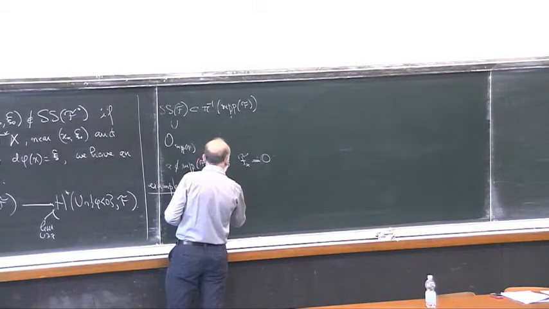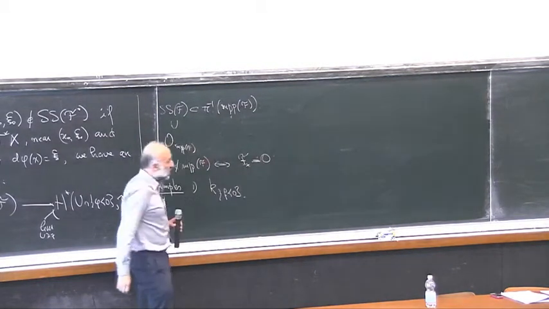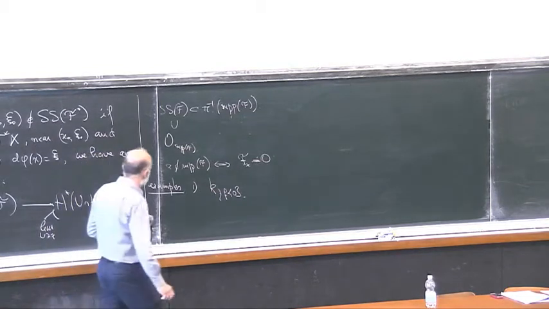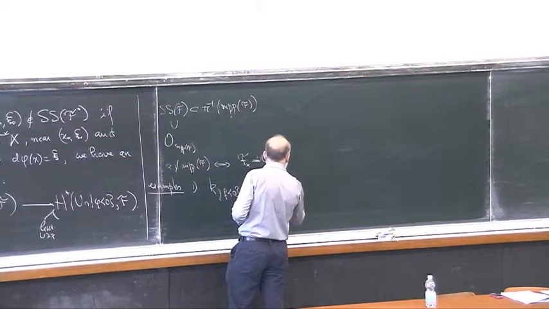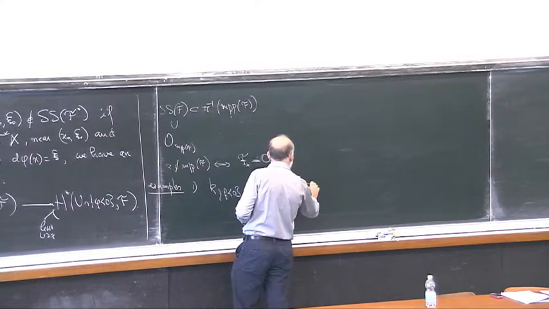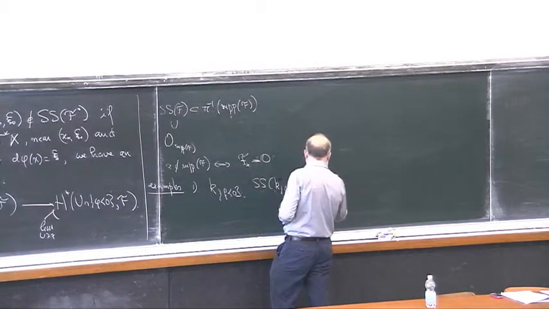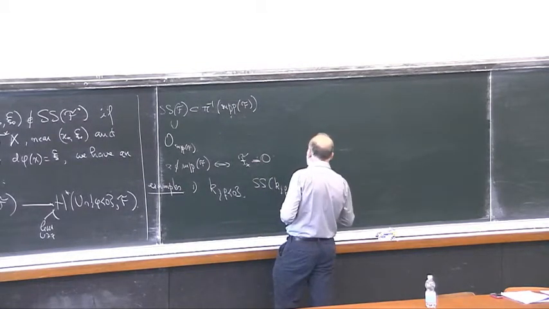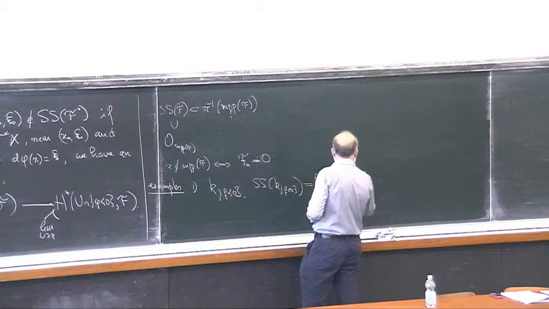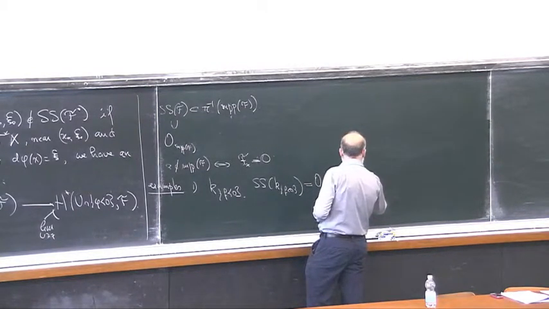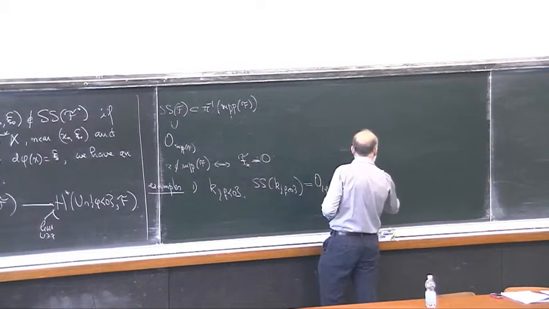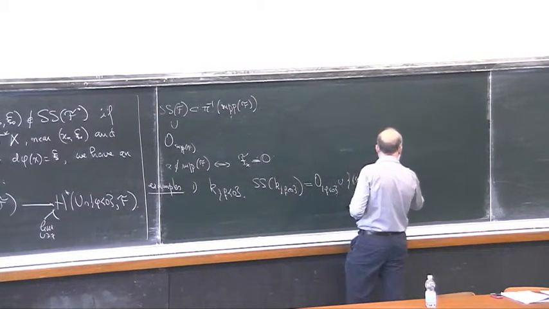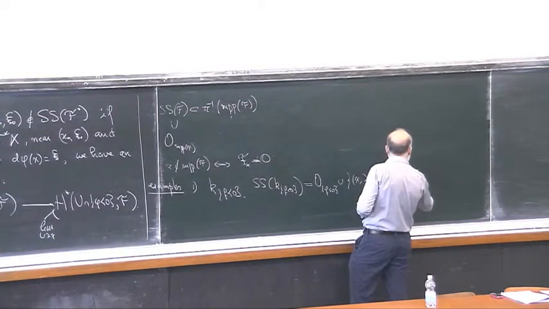The first one: if you take a function f and you look at the constant sheaf over the set {f negative}, then the singular support of this is just the zero section over {f negative}, and the set of (x, lambda df(x)) such that lambda is negative and x belongs to {f = 0}.